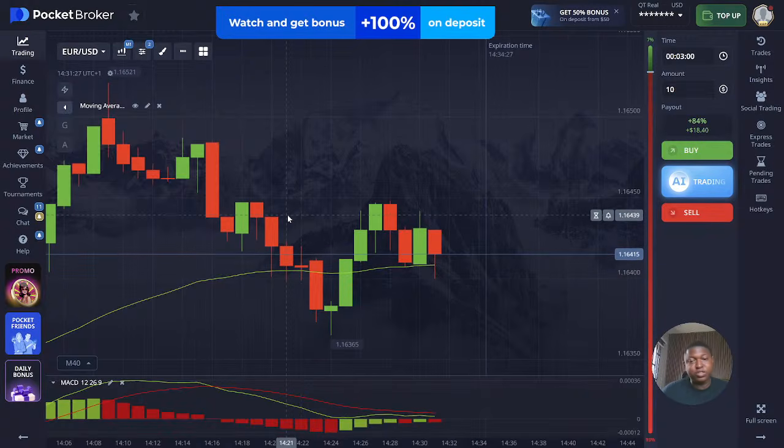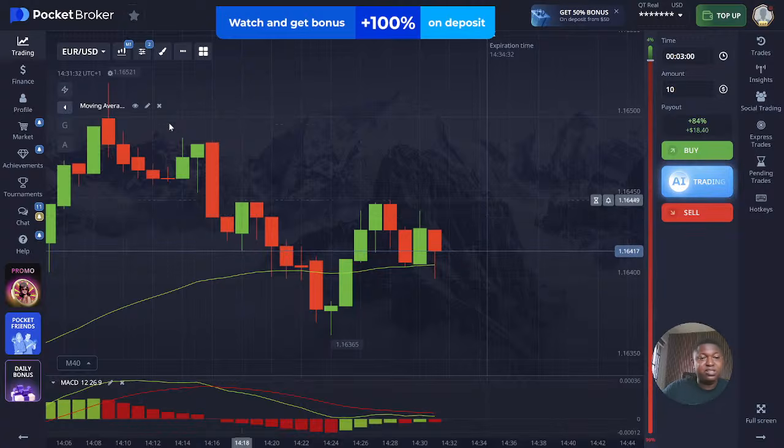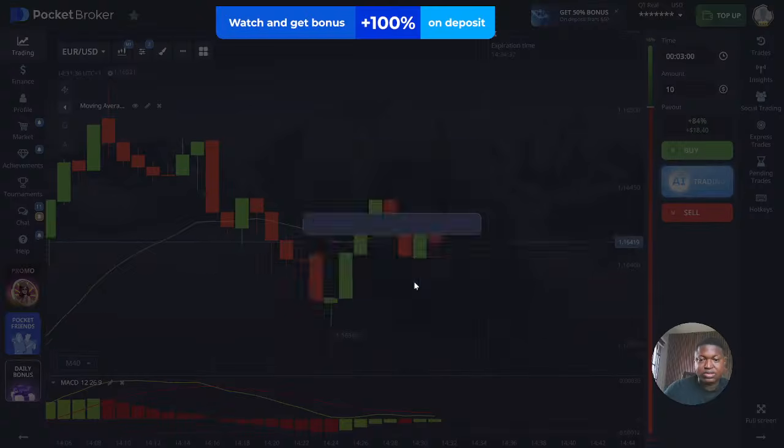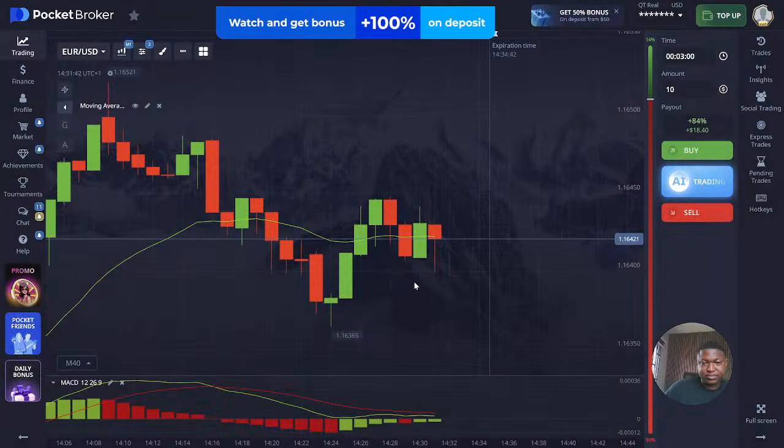All right, so if you are noticing that the thing is too strict, you can simply reduce this. You can set it and reduce it to 20. Yes, let's do 20. Let's see how it is. Save.